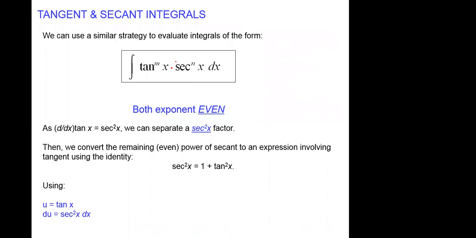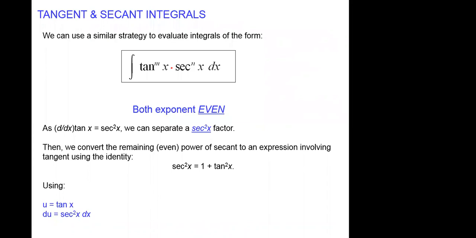And of course, we can see why we are combining tangent and secant, because they are almost like derivatives to each other, or anti-derivatives. Because derivative of tangent of x is secant square. That's why we will need two of those, secant square, or derivative of secant of x is secant times tangent.